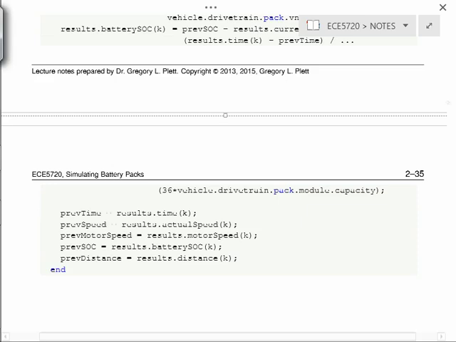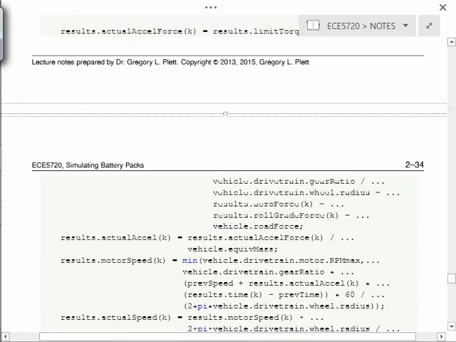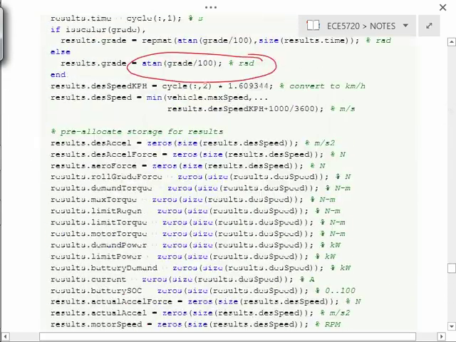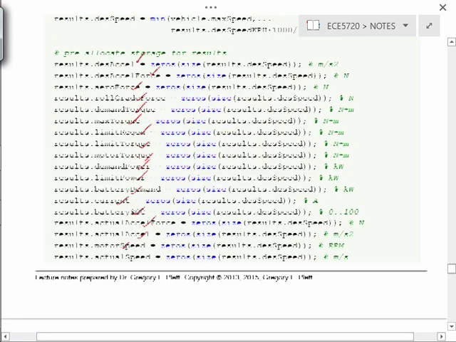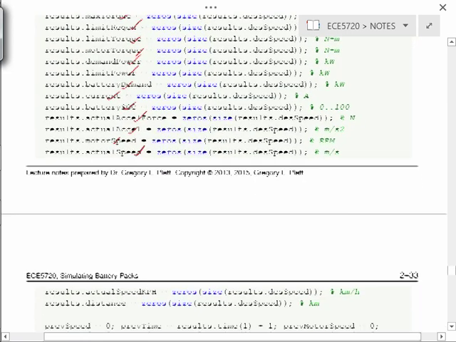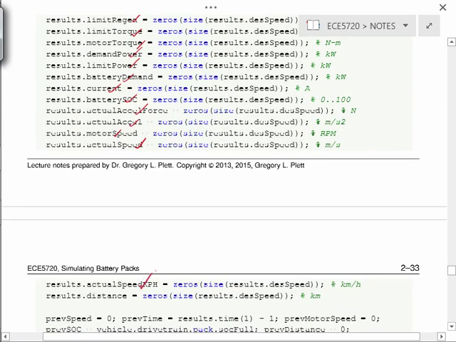So if you go back and look at the results data structure that we initialized, there's a lot of information. We have desired acceleration forces, aero forces, roll rate forces, demanded torque, max torque, limited regen, limited torque, motor torque, demanded power, limited power, battery demanded power, current, battery SOC, acceleration force, acceleration, motor speed, actual speed in kilometers per hour as opposed to meters per second, and actual distance in kilometers.